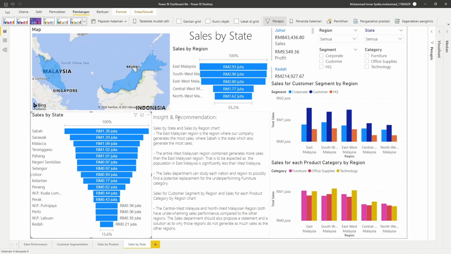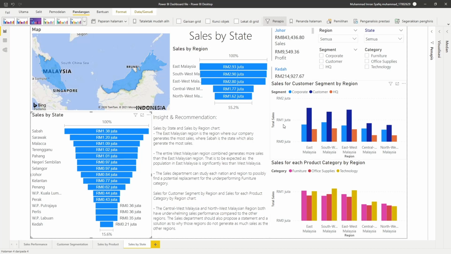Although the entire West Malaysian region combined generates more sales than the East Malaysian region. This is to be expected as the population in East Malaysia is significantly less than in West Malaysia. The sales department can study each nation and region to possibly find a potential replacement for the underperforming furniture category.